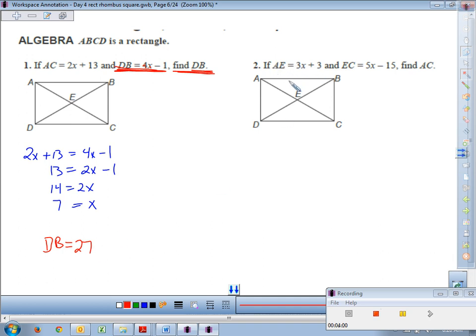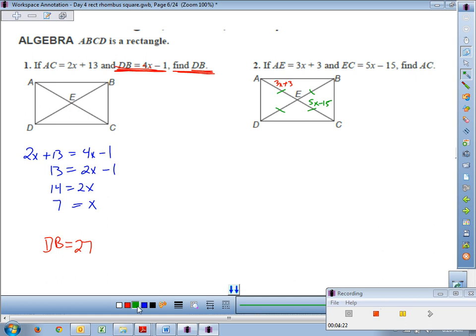And then here, they say the distance from A to E is 3x plus 3, which is just this little guy right here. And the distance from E to C is 5x minus 15. Well, don't forget that the diagonals bisect each other also. So I'm of the belief that anytime you see a rectangle, you should put the 4 tick marks in there so you can see things happening.